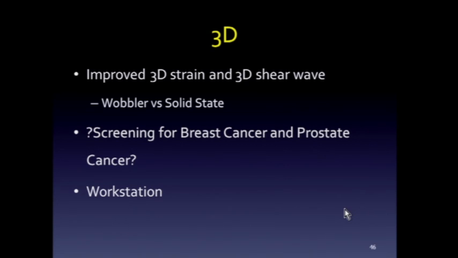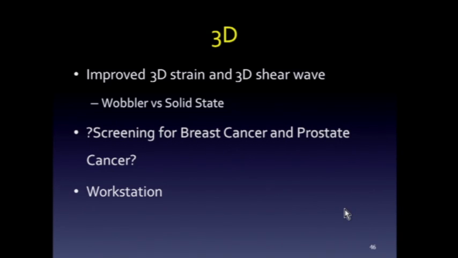We can talk about 3D. 3D strain is available, and 3D shear wave is available from some vendors. The wobblers are being used now. We probably would get better results if we had a solid state probe, so hopefully those are coming. If we had 3D probes, could we screen for breast cancer and prostate cancer?